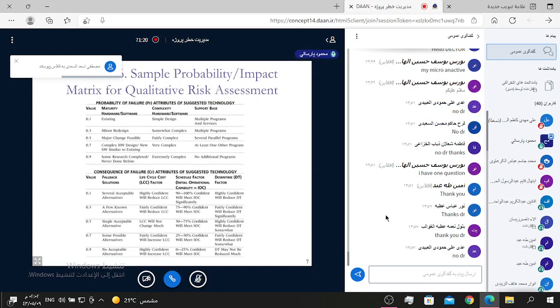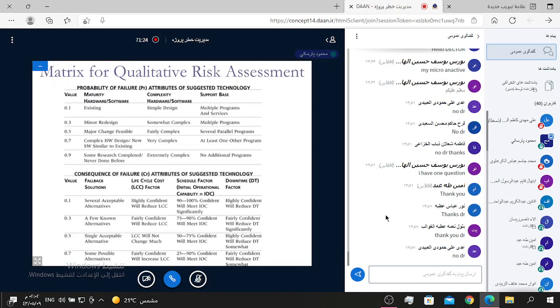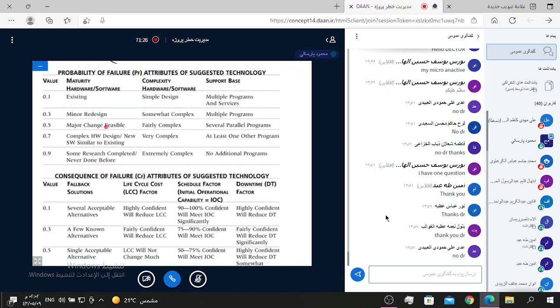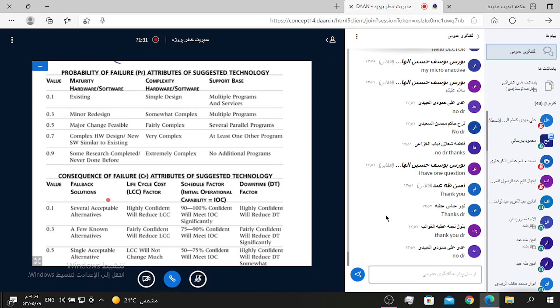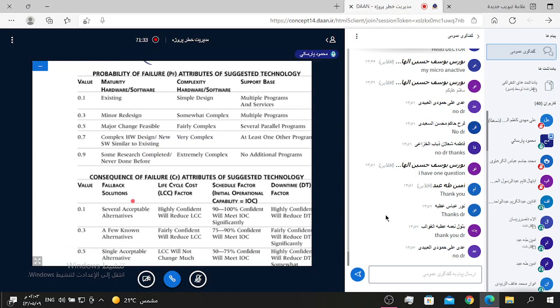And for example, for maturity hardware or software, the value of 0.1 is existing.